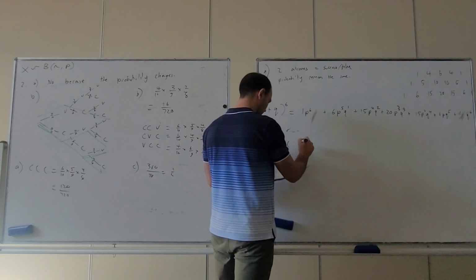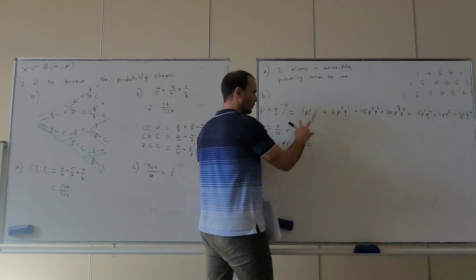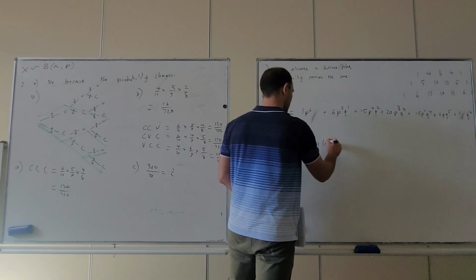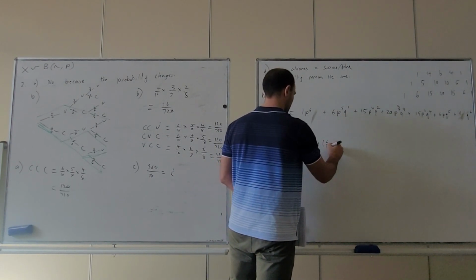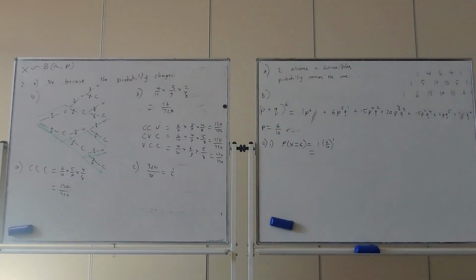We want to know the probability of 6 successes. Well, it's 1 times 6 on 10 to the power of 6, which is 729 on 15,625.